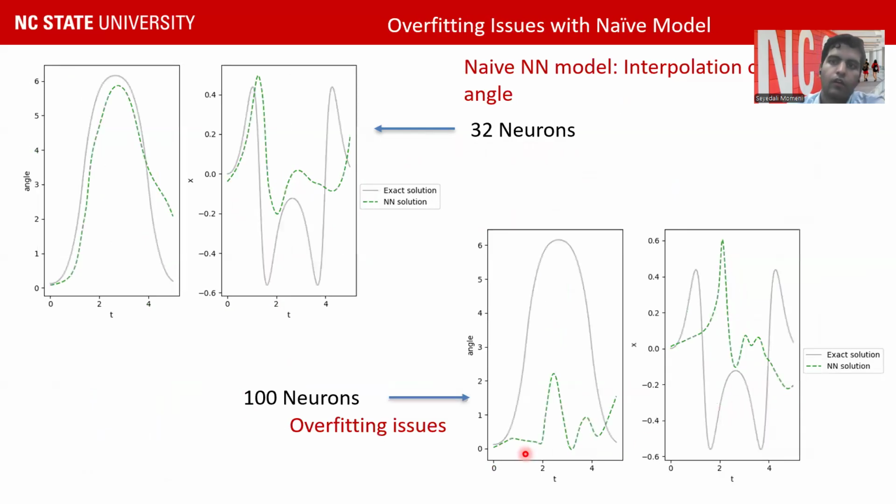But when we have interpolation of the initial angle, it was different, and we have overfitting issues in the 100 neuron version. In this condition, it can't do very well on the X prediction, but for the angle, it would perform better with 32 neurons.